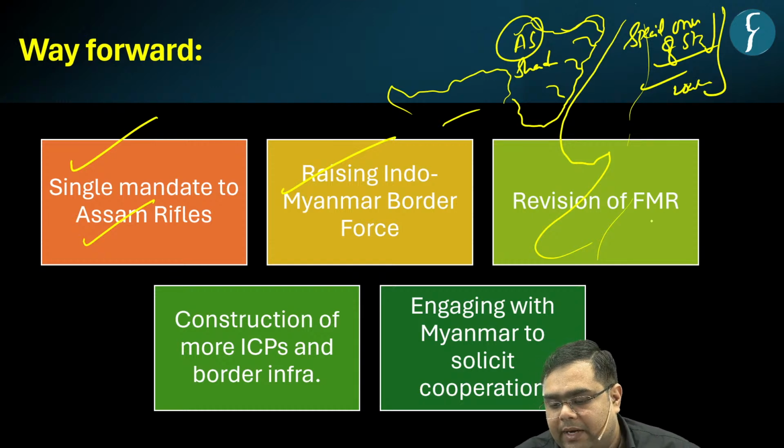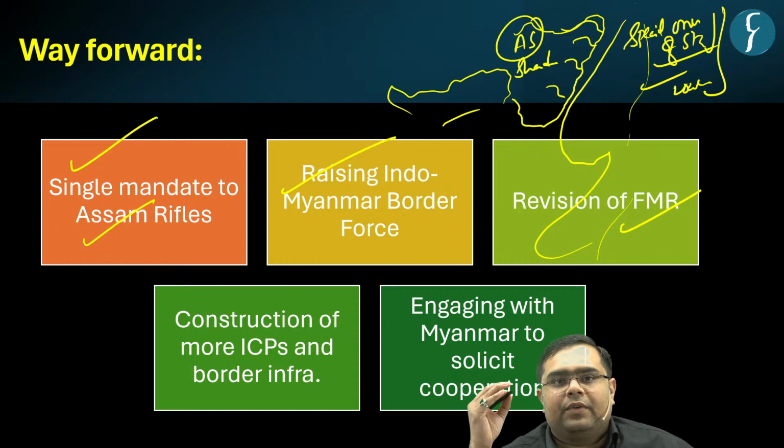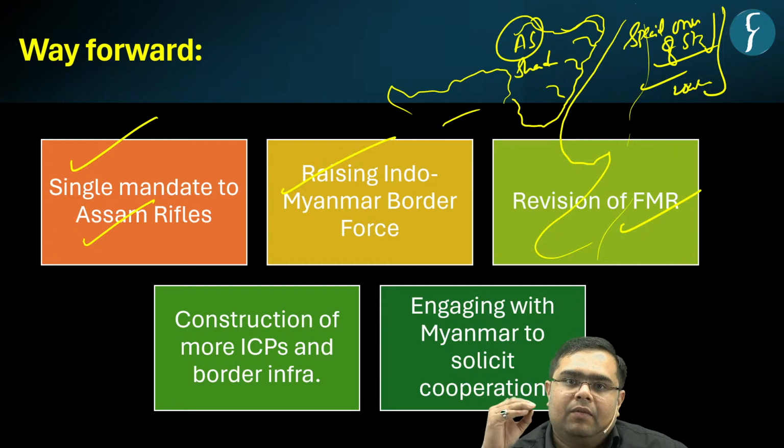The third suggestion is with respect to revision of the free movement regime. See, the free movement regime was a child of its times, the child of the needs that were emanating, right?